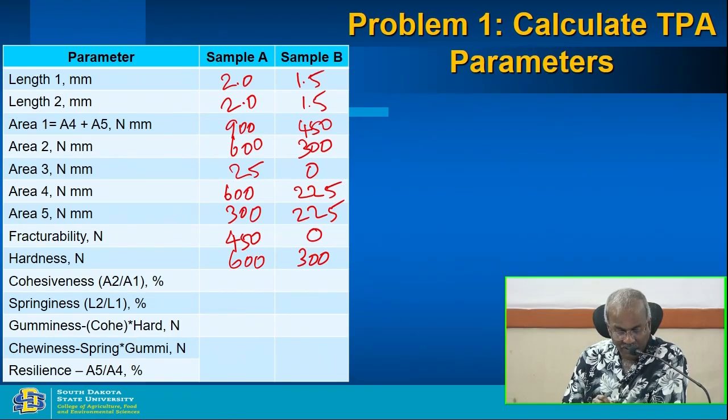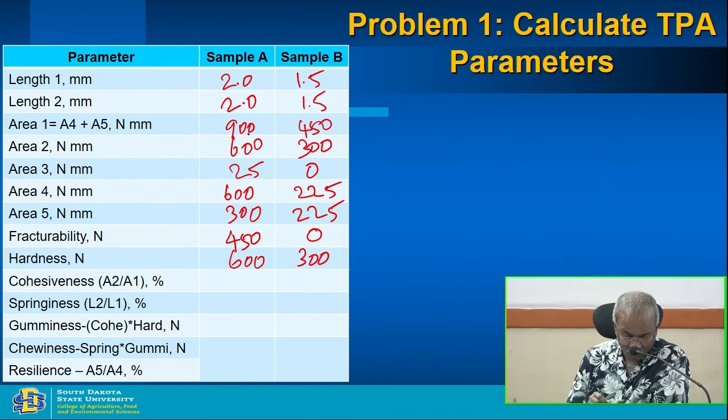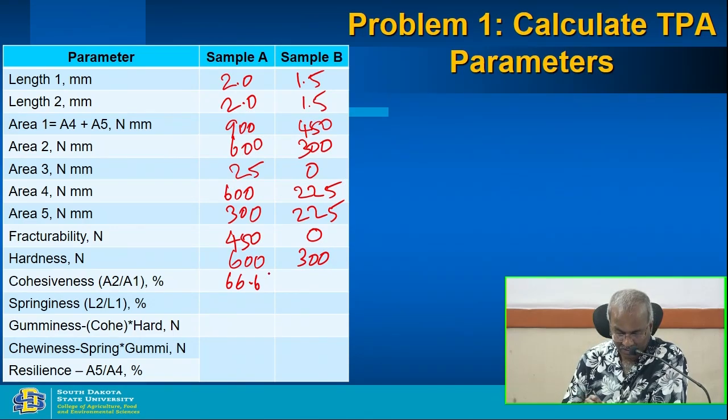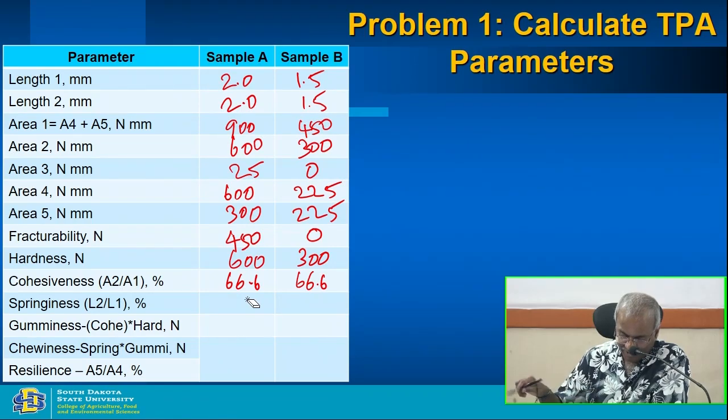Cohesiveness is A2 by A1. 600 over 900, 2 by 3. A2 by A1, 3, 4, 450. Springiness is 1, 1. No. 100. Thank you, Nivedita.